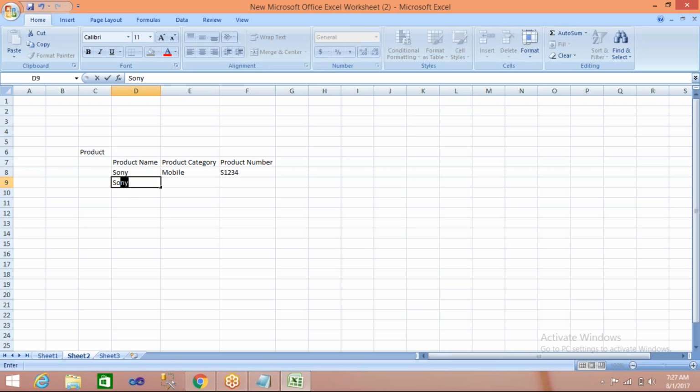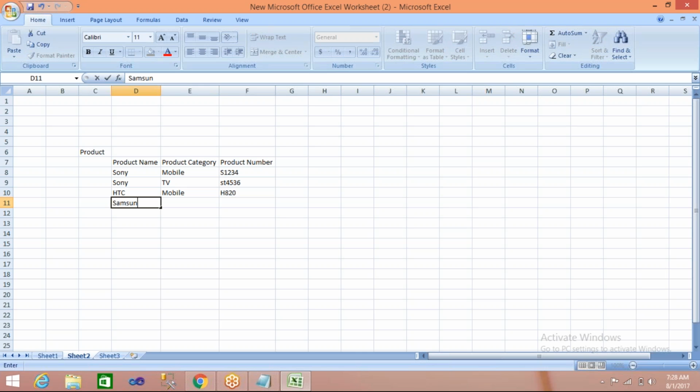Again I have Sony, under TV, and the product number is ST4536. And again HTC mobile, under the mobile category, and the product number is H820.